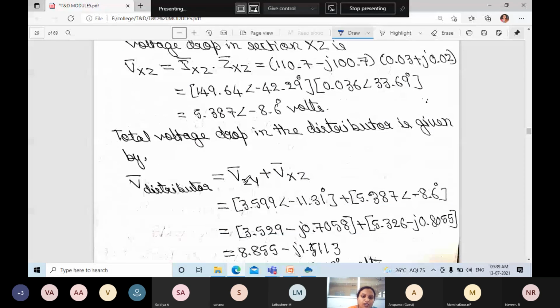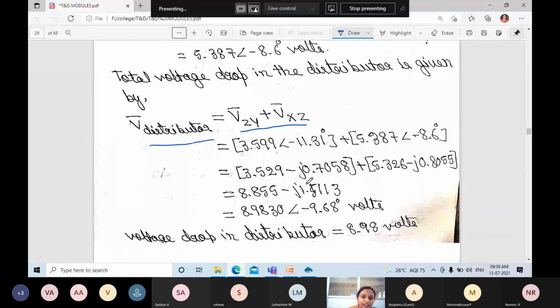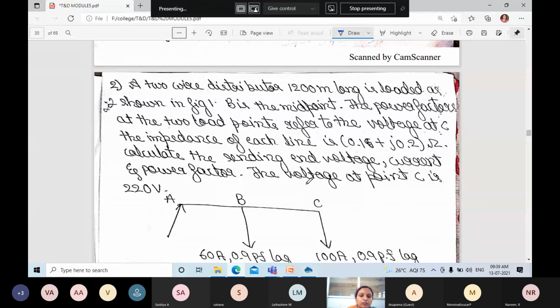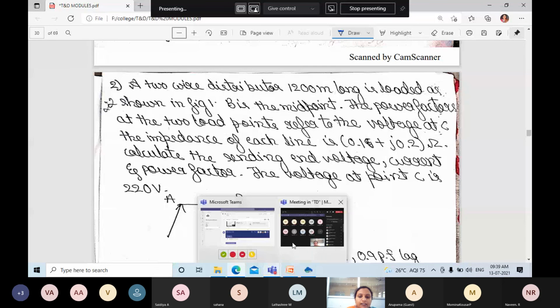When you consider the total distributor, they have added the voltage drops of the two sections. There is no need to remember so many formulas for this also. In the next class we shall discuss the problems in detail.